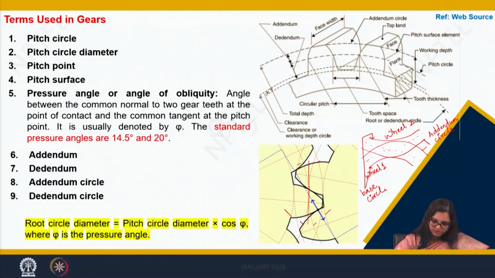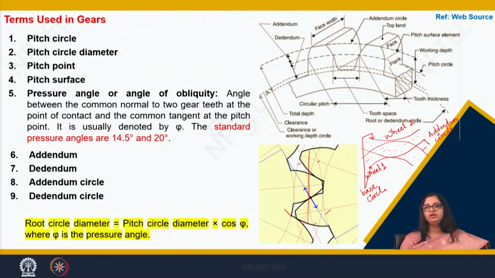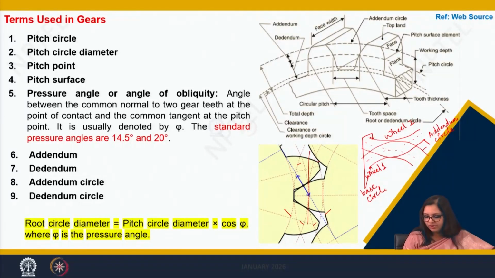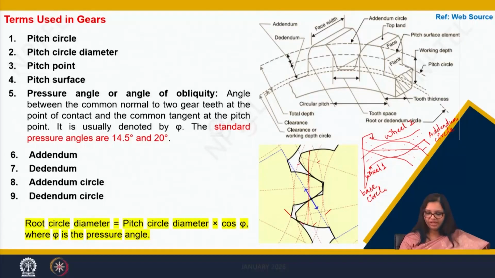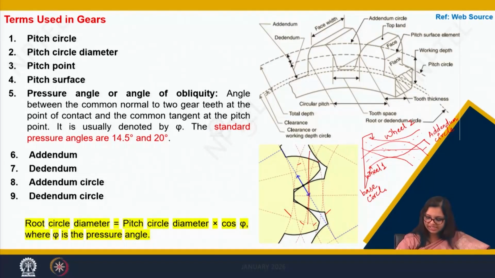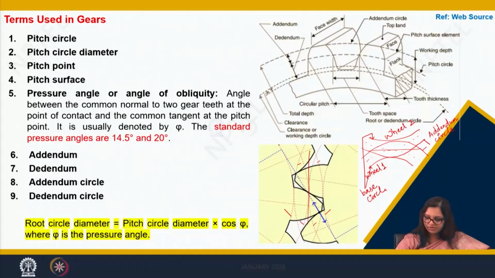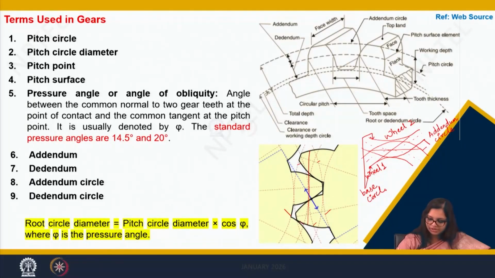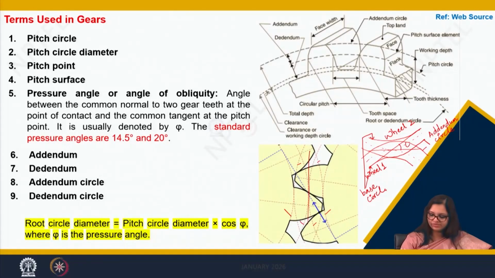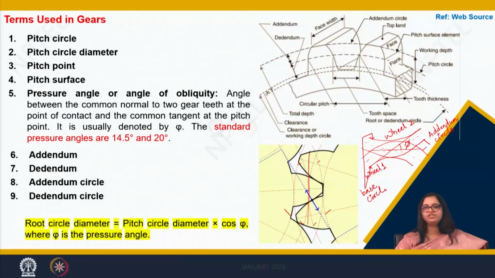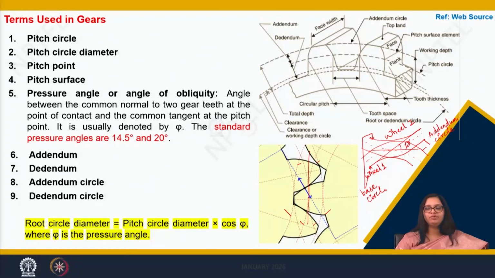Now when we draw a tangent to this pitch circle, let's say we draw a tangent to the pitch circle and we draw a tangent from the base of one wheel to the base of another wheel. So, this angle that is formed, we call it the pressure angle or the angle of obliquity.